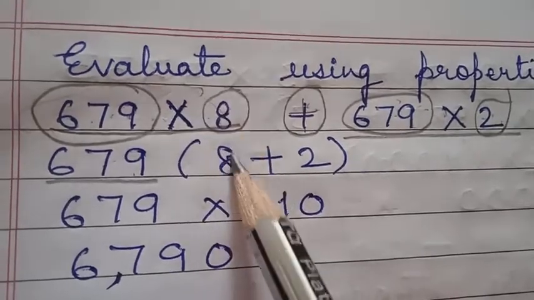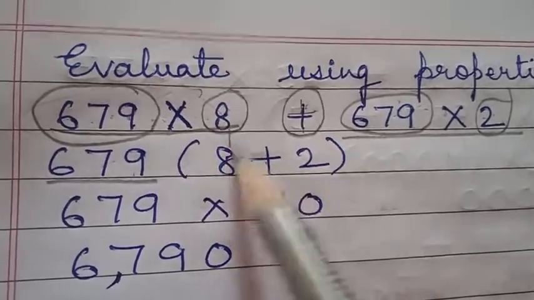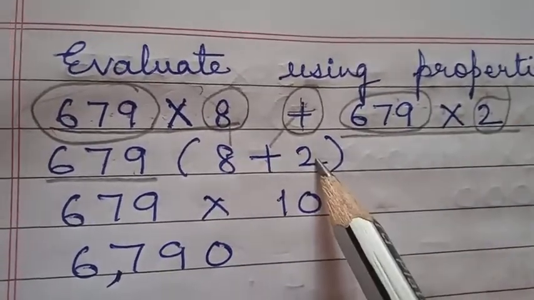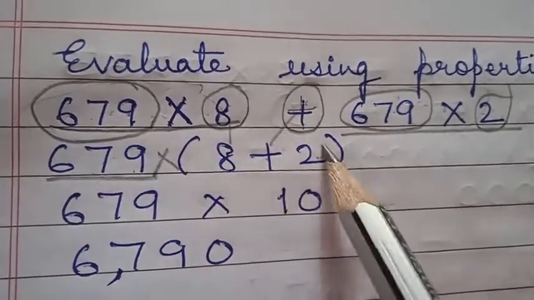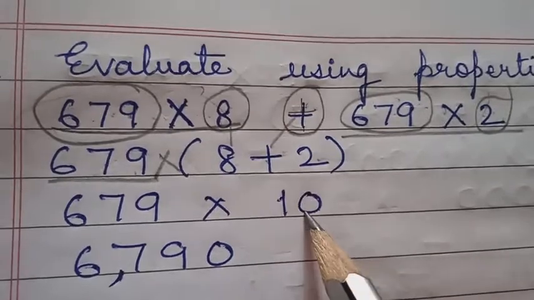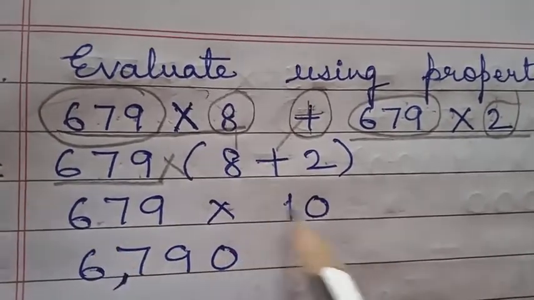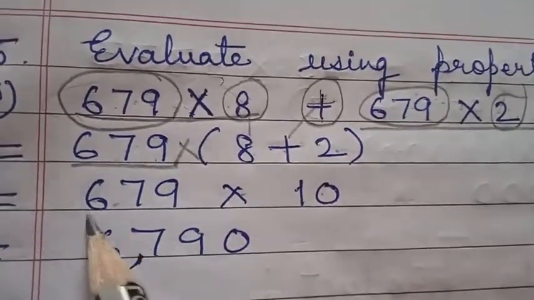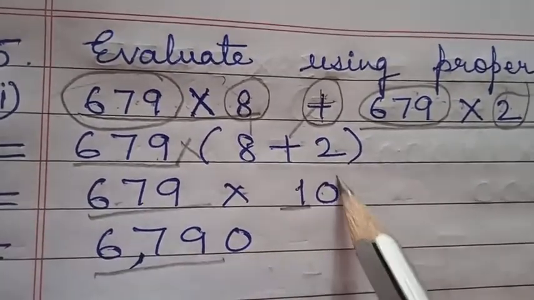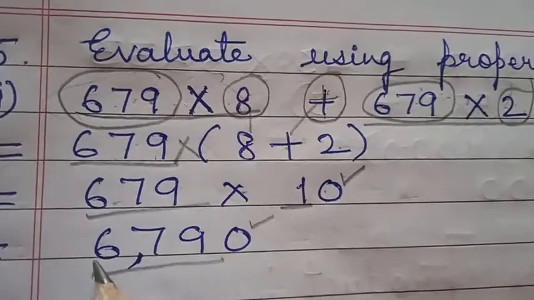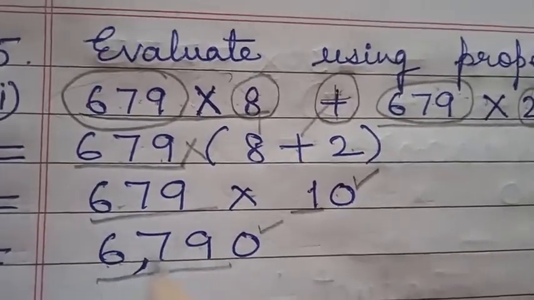So 679 multiplied by 8 plus 2. 8 plus 2 is 10. So 679 multiplied by 10 gives me this. 679 multiplied by 1 is 679, and this 10 I'll write here. So my final answer is 6790.